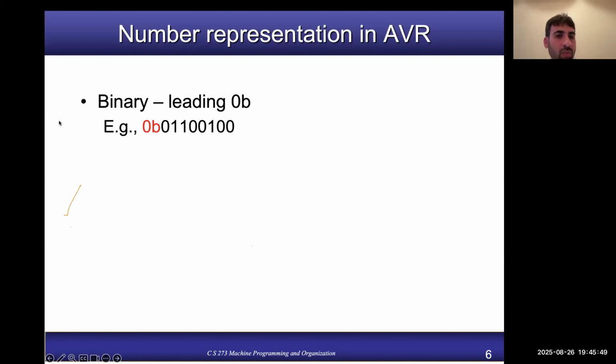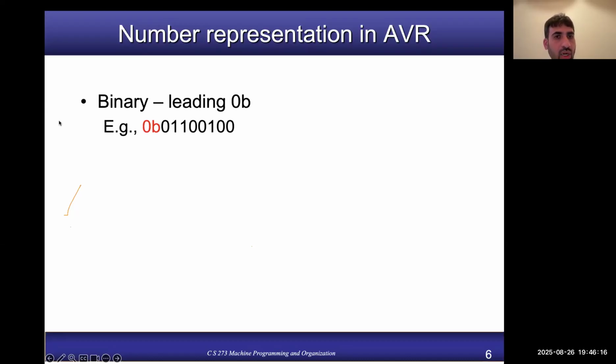So for example, to represent a number in binary, I must put a leading 0b in front of the number. In this example, as you can see, I'm telling the microcontroller to treat this number as a binary number, not as a decimal number, not as a hexadecimal number, because the value of this number in decimal will be different as compared to binary, right?